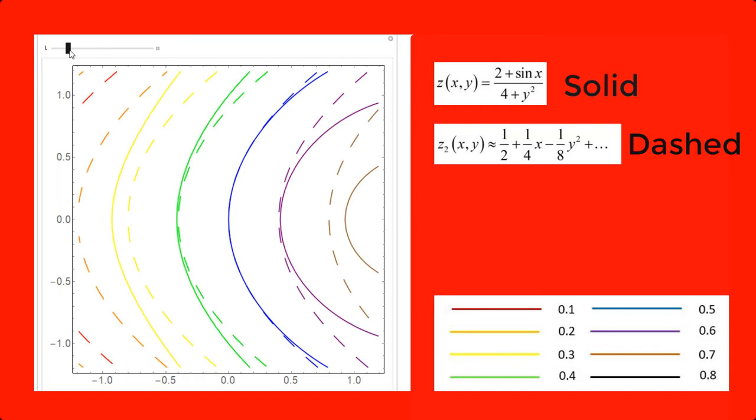Moving out a little bit further, we can see that yes, the second order approximation does move slightly away from the actual function. When we get further away from the origin, the others too have larger discrepancies the further away from the origin we get.